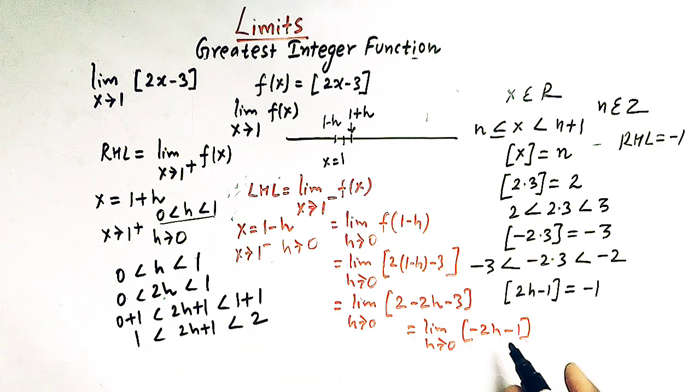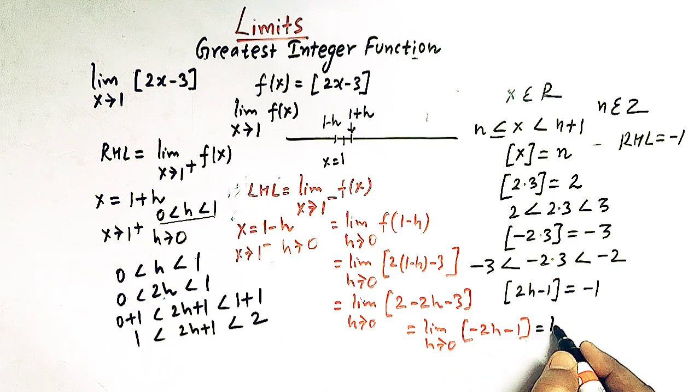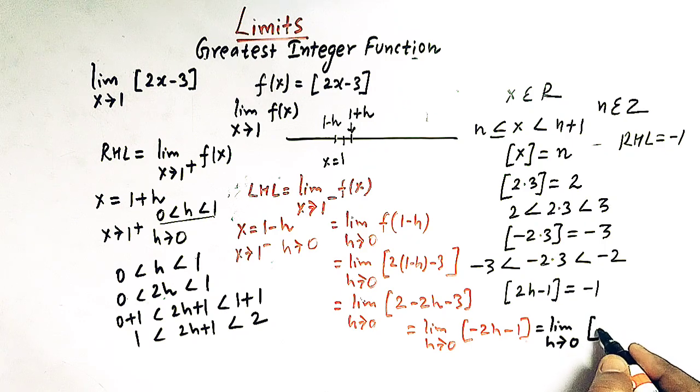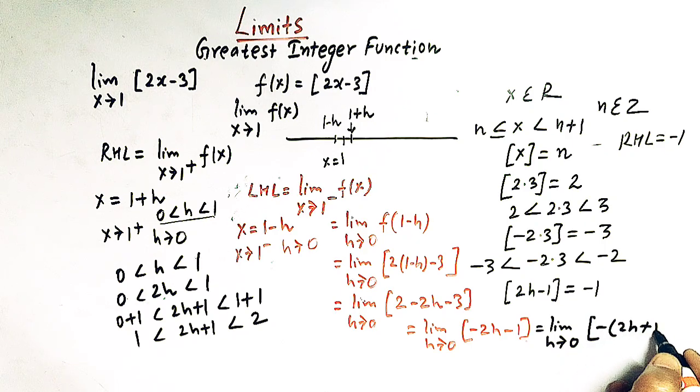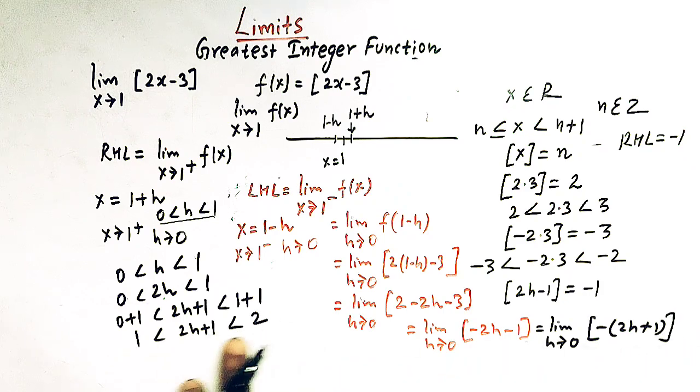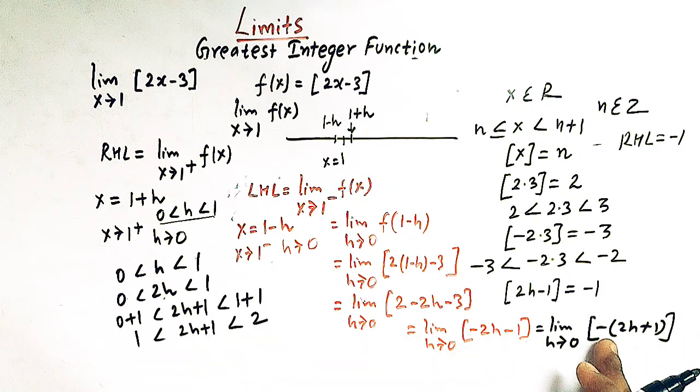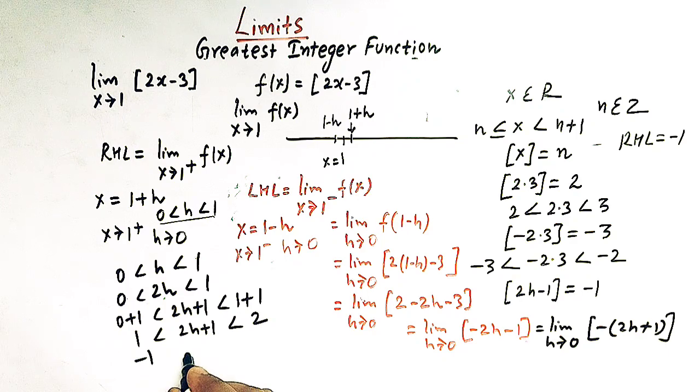But here we have a negative of 2h plus 1. So what we can do here, we can write limit h tends to 0, greatest integer of negative of 2h plus 1. Now if we multiply throughout by minus 1, then we have minus 1, minus of 2h plus 1, and here we have minus 2, but the direction of the inequality gets reversed.